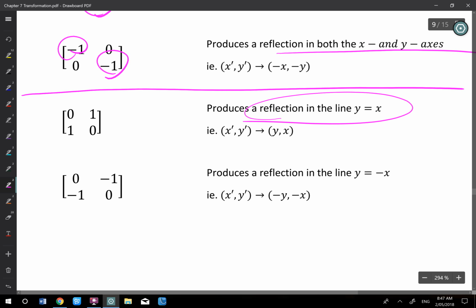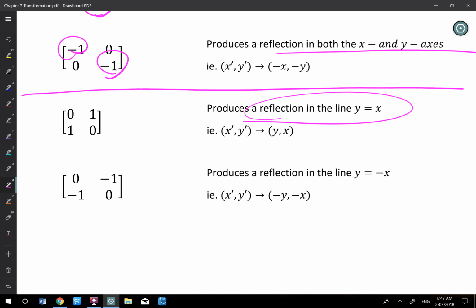If you reflect the graph in the line y equals x, what will you have? The inverse. Reflect that, and you will get the inverse function. The x becomes y and the y becomes x. So you see your new x becomes the old y and your new y becomes the old x. That's the reflection in the line y equals x.